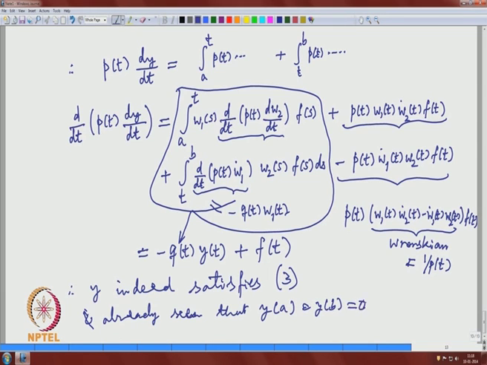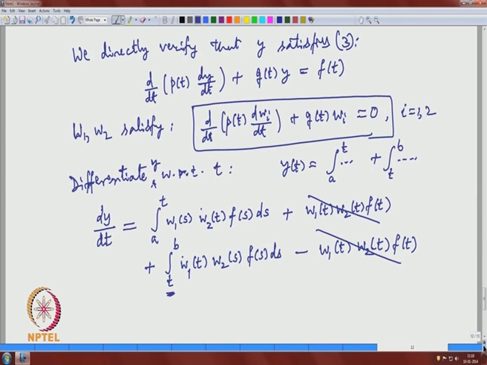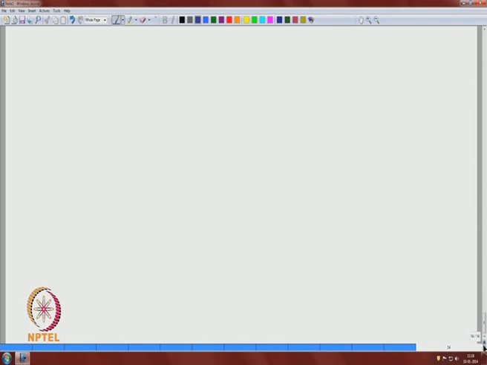Okay. So, therefore, y is indeed a solution of the boundary value problem.